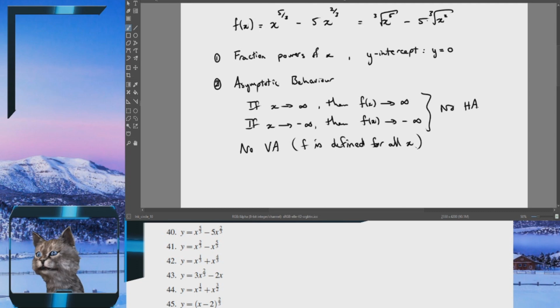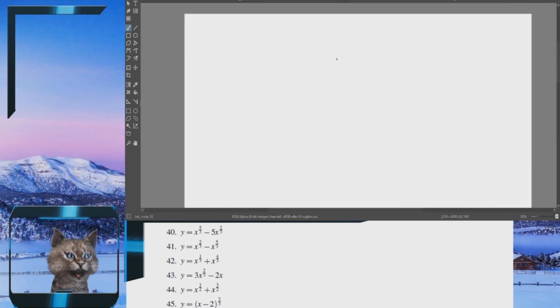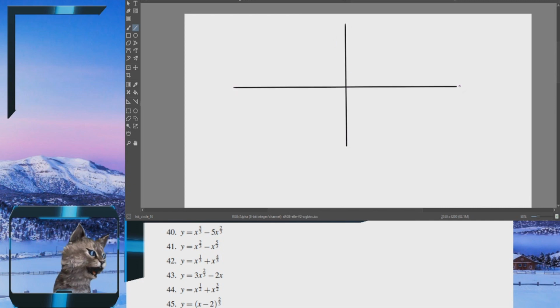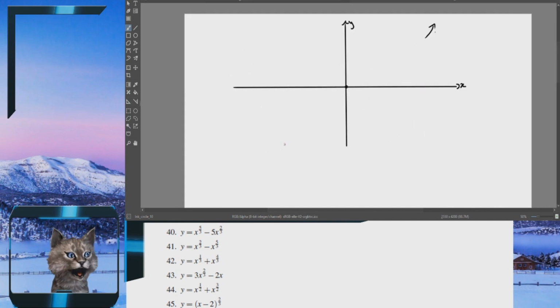So I do have some information. Let's start a graph and feel good about putting stuff on it. Let's make our axes over here. We have a y-intercept, and we said it's going up to the far right, and far left it's going to go down.